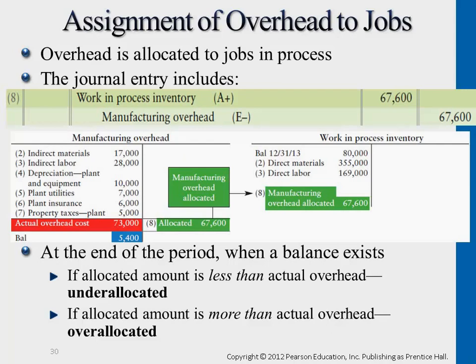Just like how we assign materials to work in process, we reduce the materials by $355,000 and add it to work in process, transferring it over. So here we're transferring manufacturing overhead, the indirect cost, into work in process by reducing this category and increasing work in process. It represents that these are the costs being processed, halfway done, almost getting there to finished goods.